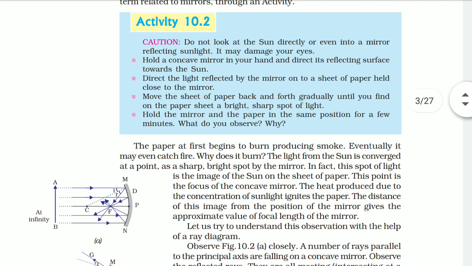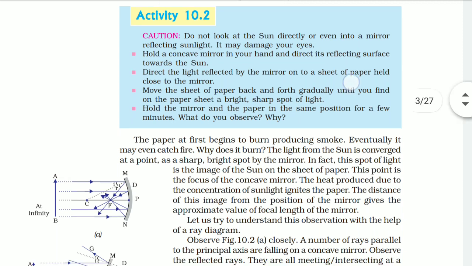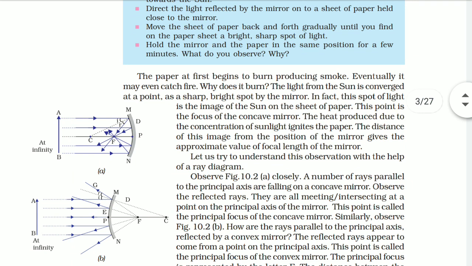What they are talking about is that you use sunlight and a concave mirror to converge the sun's rays at a particular point, and that could burn the paper. Eventually it may catch fire.